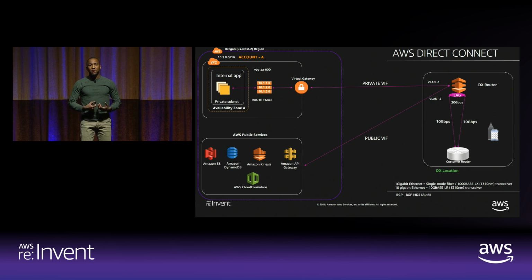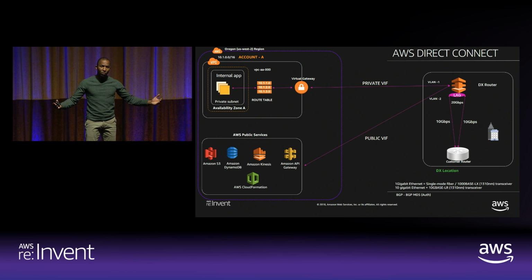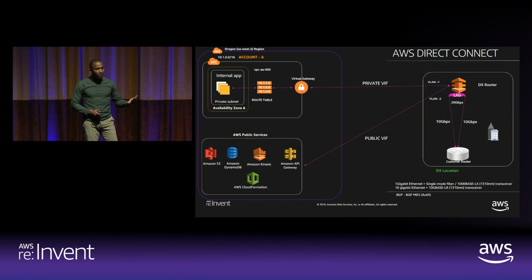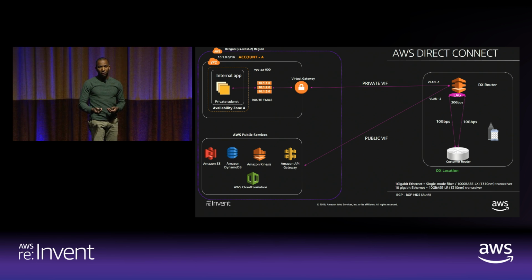So we created Direct Connect to give customers a more deterministic latency between their environment and AWS. Not only that, we created Direct Connect to remove the need to have internet to actually communicate with AWS VPCs across the internet, or AWS public services across the internet. So with Direct Connect, you can create private and public VIFs. Private virtual interfaces communicate with the virtual gateway, for example, of your VPCs.